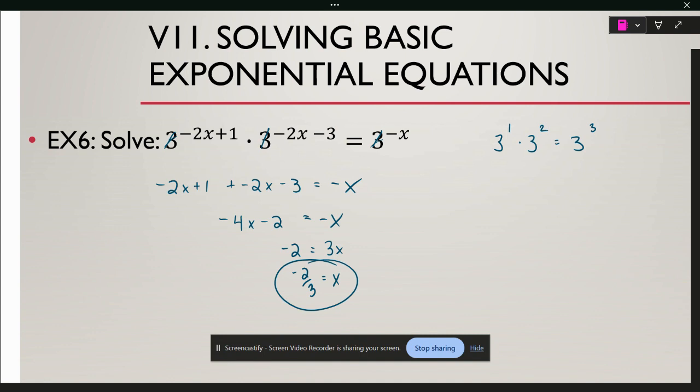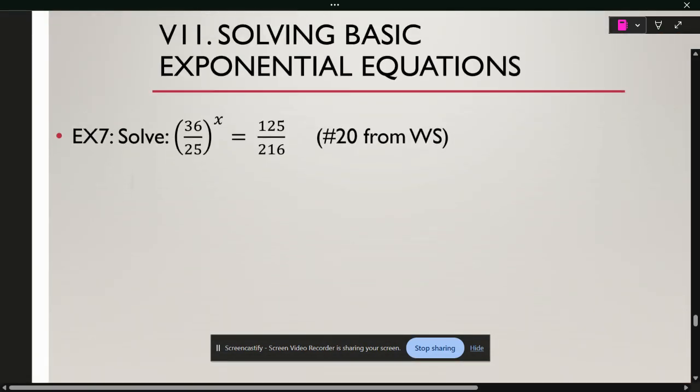So at first, in example 5, we learned that the bases had to be the same. In example 6, we took that knowledge and also some of the knowledge of the laws of exponents. If they're the same base and multiplied, then you add the exponents. Same base, dividing, you subtract. You're going to see negative exponents in some of these, and you'll also see some radicals that need to be changed into fractions as well.